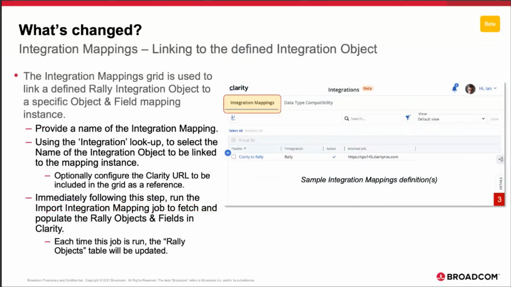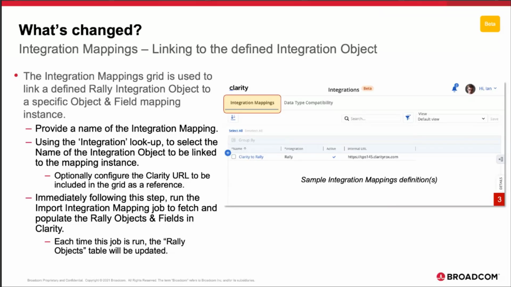The integration mapping grid is used to link a defined Rally integration object to a specific object and field mapping instance. So we've clicked on the integration tile, and this is our first landing point. Basically what you're doing is defining a name of a mapping that you're going to run through and link it to the integration object that was created in Classic.